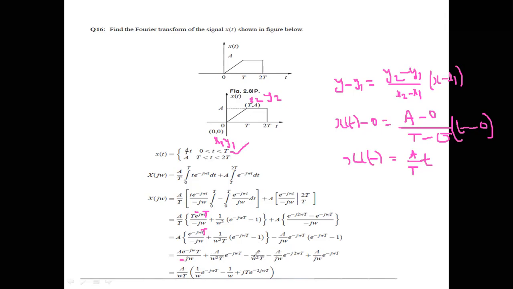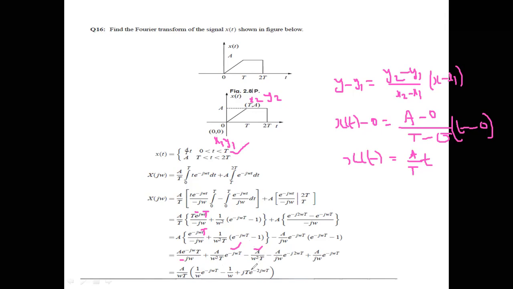This is a term, my students. Second term. So for this function, the first one is A by omega square into t e power minus j omega t, and this A by omega square into t. These two terms are considered.